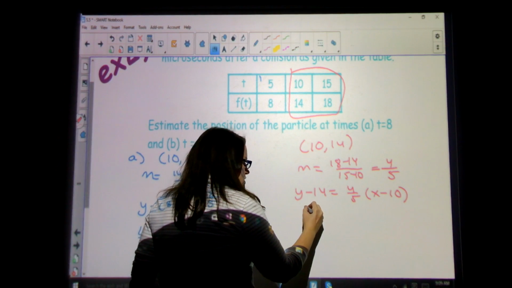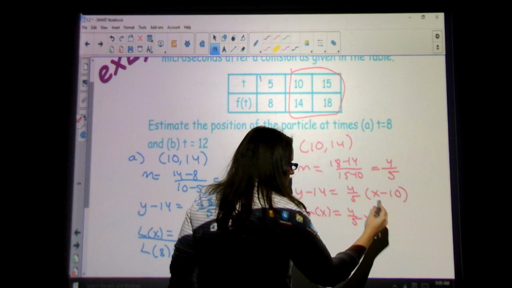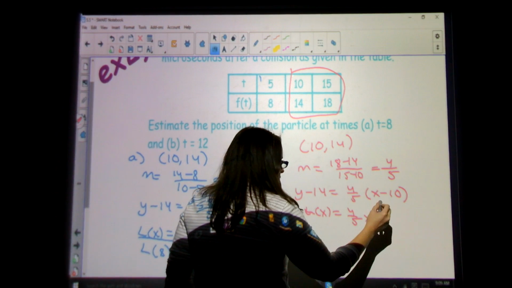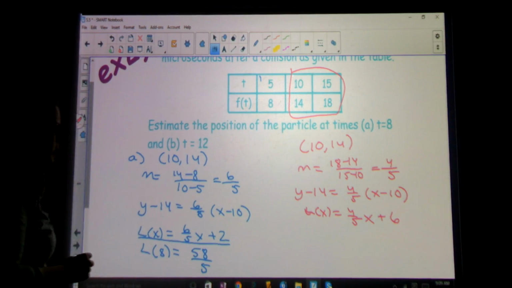So I'm going to go ahead and change to L of x. 4/5 x, let's see, that give me minus 8 plus 14, so plus 6, I believe. Let me check it. Times 2 be minus 8 plus 14. Yep. Okay, now that we have linearization, let's plug in 12.